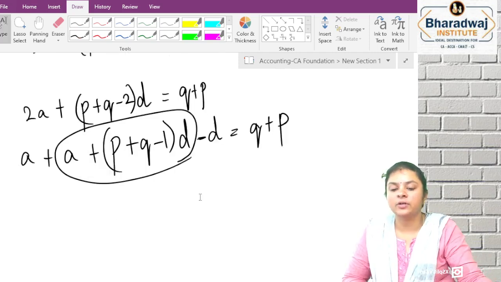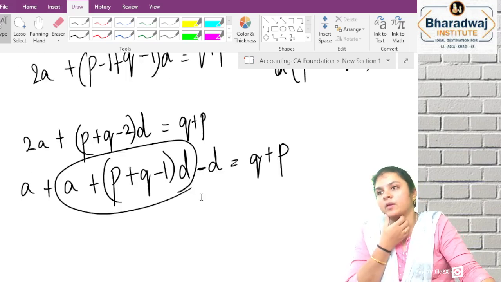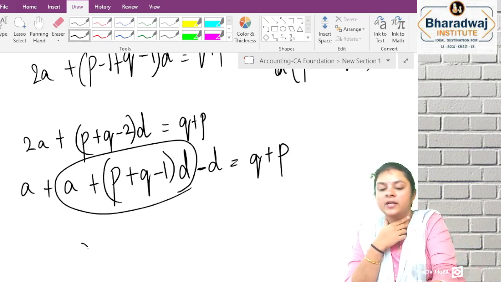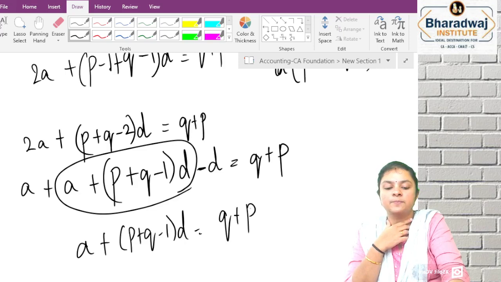Now this entire equation we can already figure out. How? This is what you want. So we can write A plus P plus Q minus 1 into D is equal to Q plus P, minus A plus D on the other side.